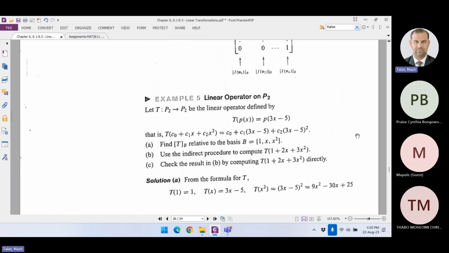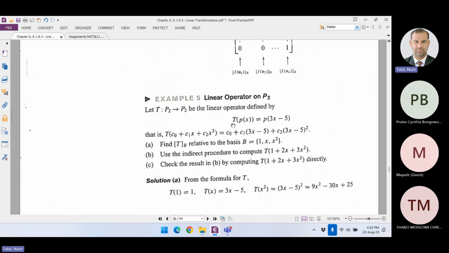Here in this example, you can see that T is a linear operator, because it's a transformation from P2 to P2. The domain set and range set are both the same three-dimensional vector space, which is P2. P2 is the polynomials of degree 2, whose dimension is 3.